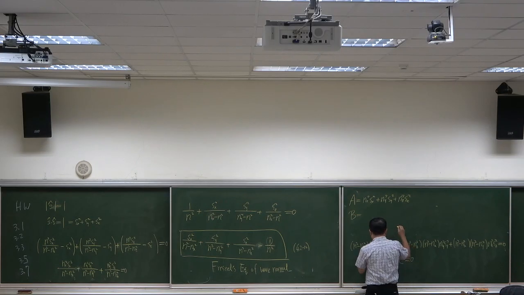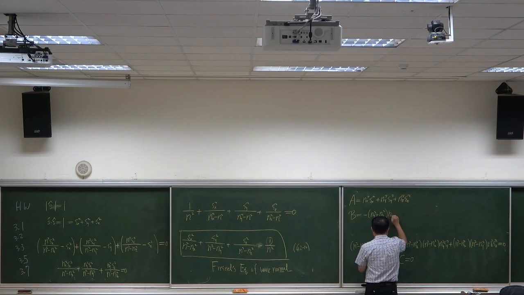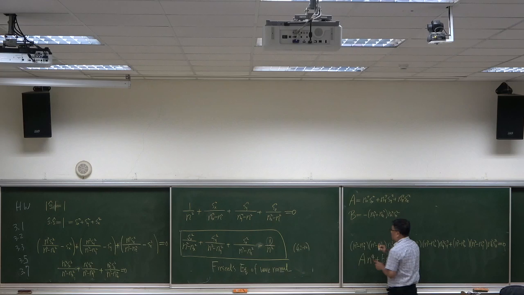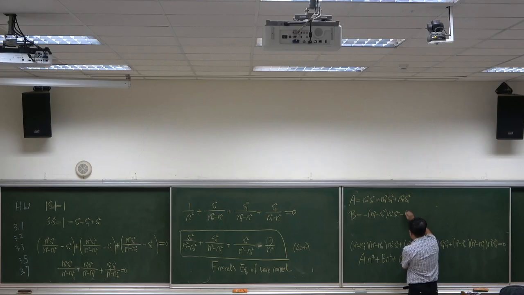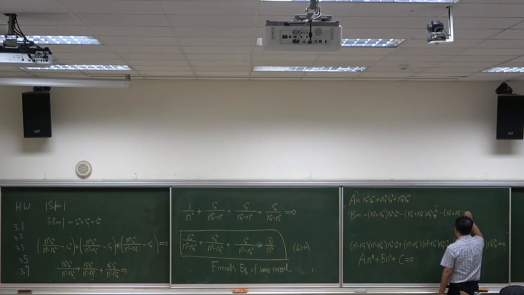So we have minus (ny squared plus nz squared) times nx squared sx squared, and minus (nz squared plus nx squared) times ny squared sy squared, minus (nx squared plus ny squared) times nz squared sz squared.